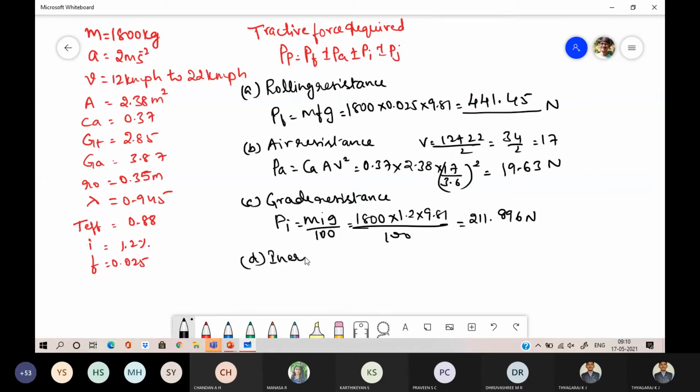Inertia due to acceleration, Pj is equal to M into A. That is 1800 into 2, which is 3600 Newton. Okay, check it. Are you getting all these values?